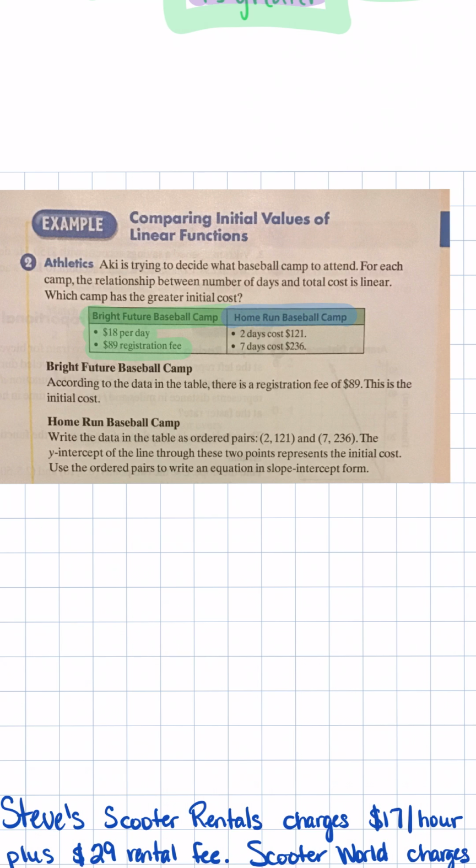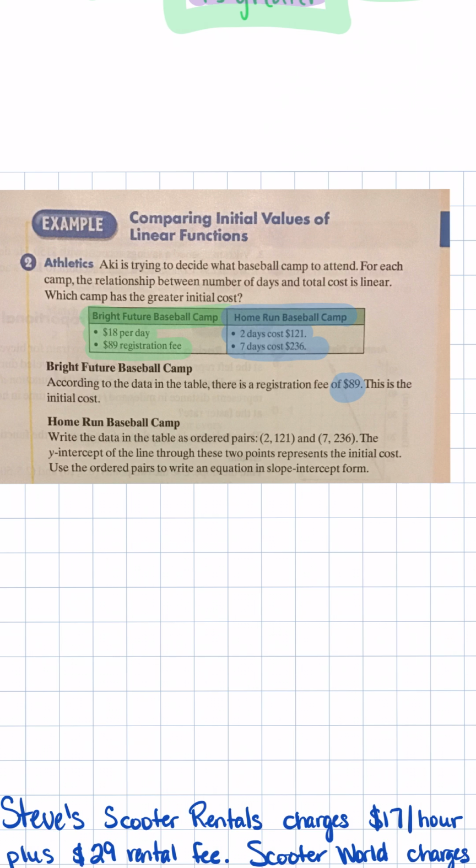Home Base Baseball Camp, 2 days cost $121. 7 days cost $236. So if we break this apart, according to the data in the table, there's a registration fee of $89. This is the initial cost.